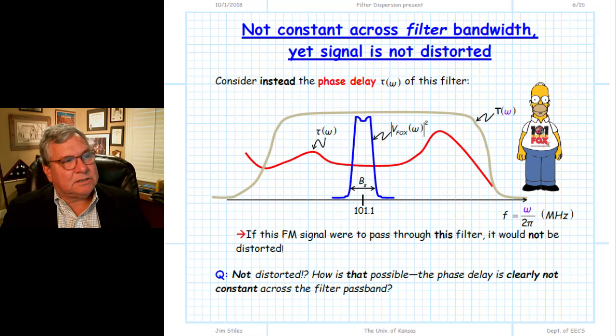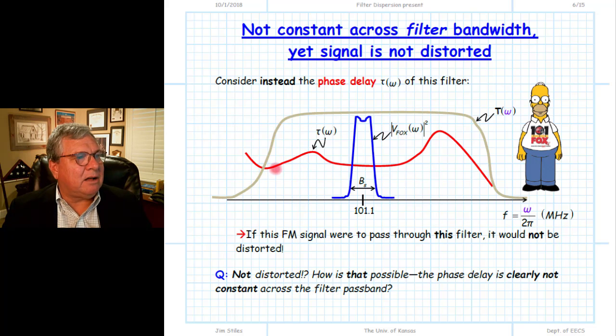So let's look at this situation. Again, we have a filter, the same band pass as we had before, same power transmission function as before. Again, we have our FM radio station centered at 101.1. It's frequency modulated, so it has a signal bandwidth of about 200 kilohertz, just like before.